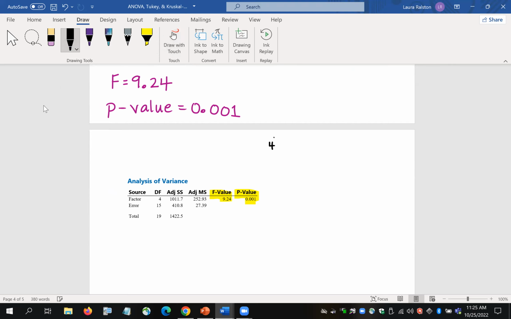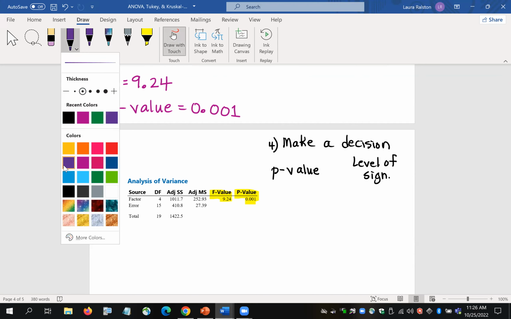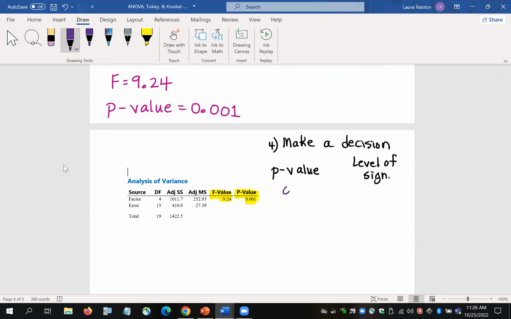Then we go to step 4. Step 4 is the same as always. We're going to make a decision about whether we should reject or fail to reject the null by comparing the p-value from Minitab to the level of significance that's given in the problem. So my p-value from Minitab is 0.001. My level of significance is 0.01.